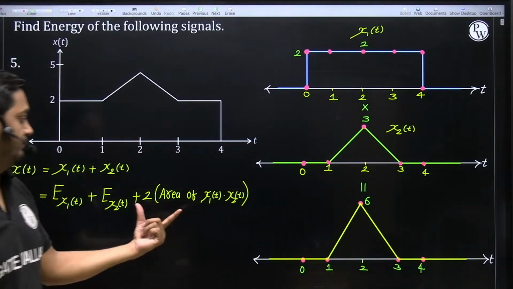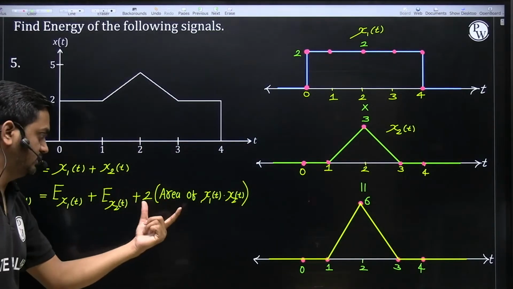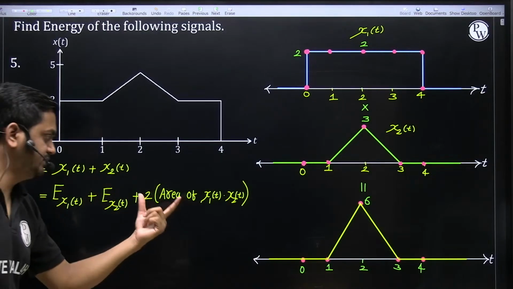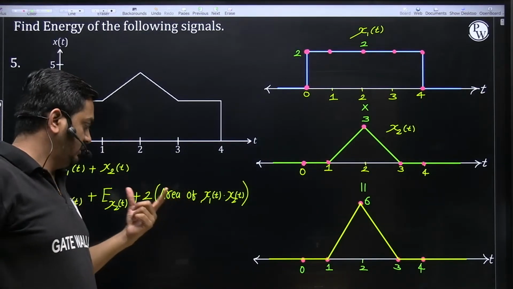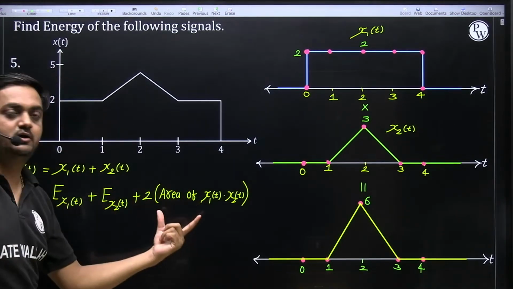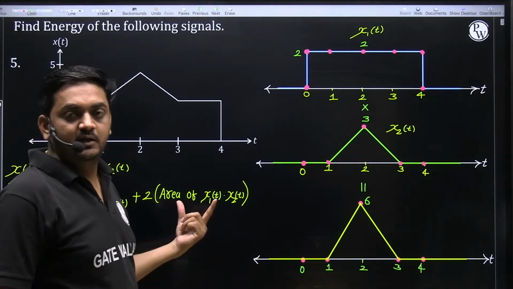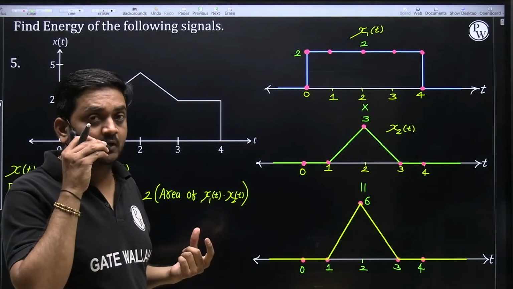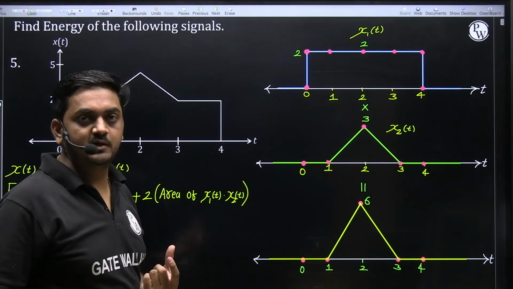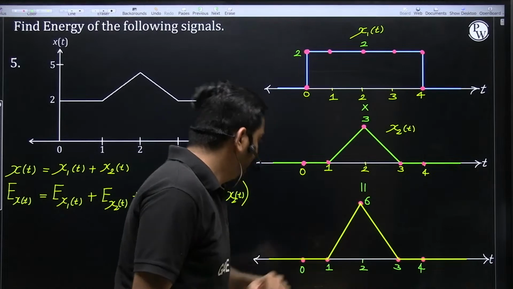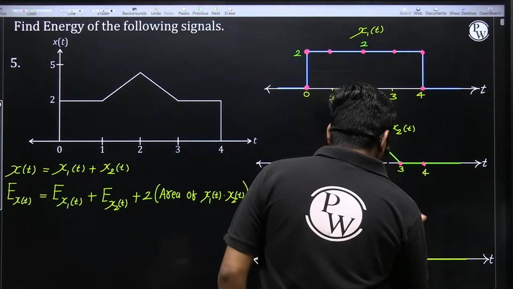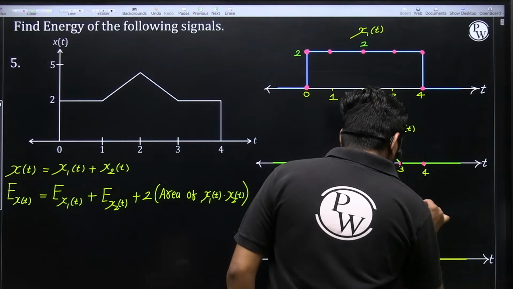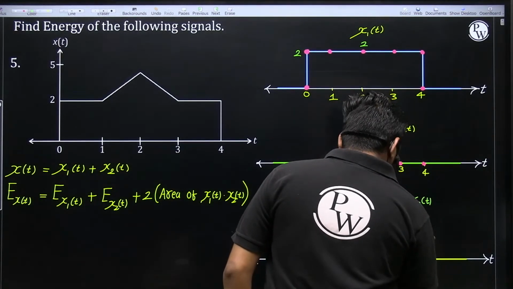Most of the students make a mistake here, guys, yes or no? You just forgot to add this third term, guys. Here the multiplication is non-zero. Okay, now you have to find the area of this multiplied signal, which is nothing but x1 of t into x2 of t. So what is the area of this signal?